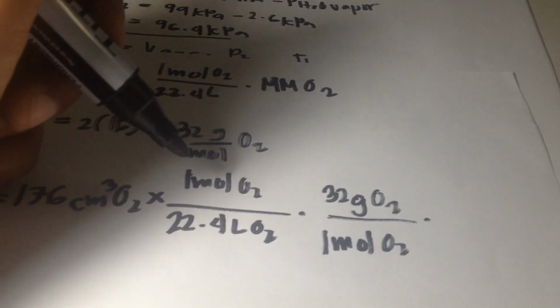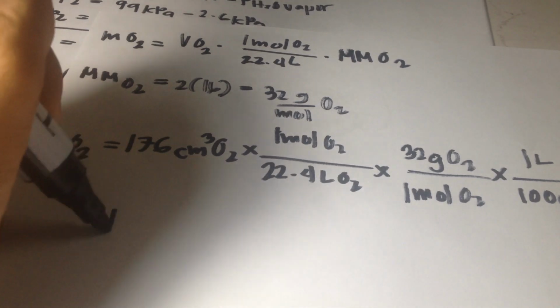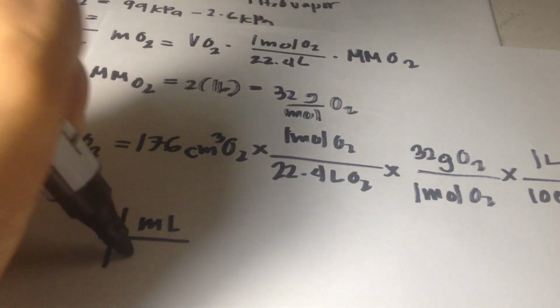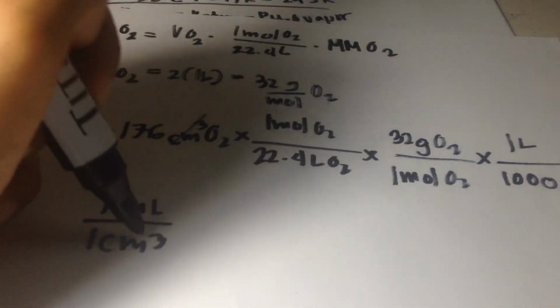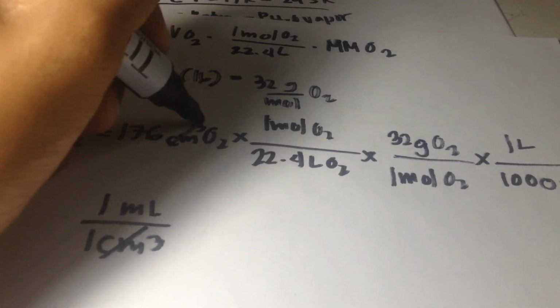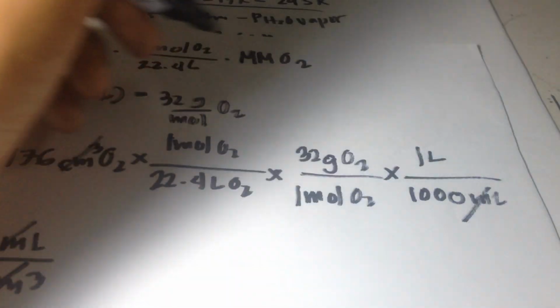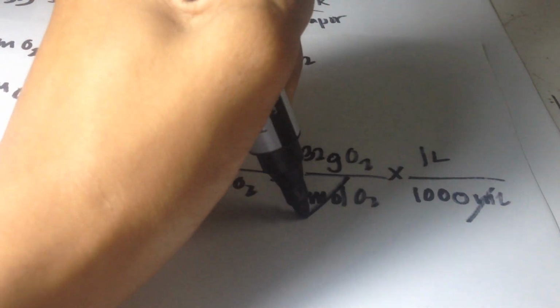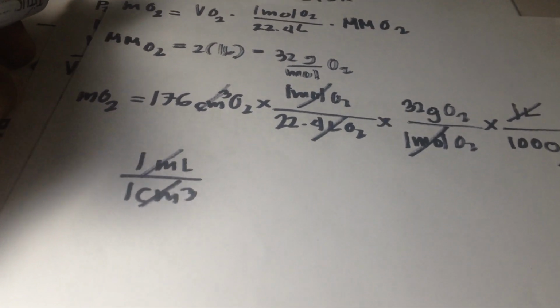Then we need to convert liters into cubic centimeter. 1 liter is equal to 1000 ml, and 1 ml is 1 cubic centimeter. So the cubic centimeter cancels, the ml cancels, the moles cancel, and the liters cancel, and what's left is grams of oxygen gas.